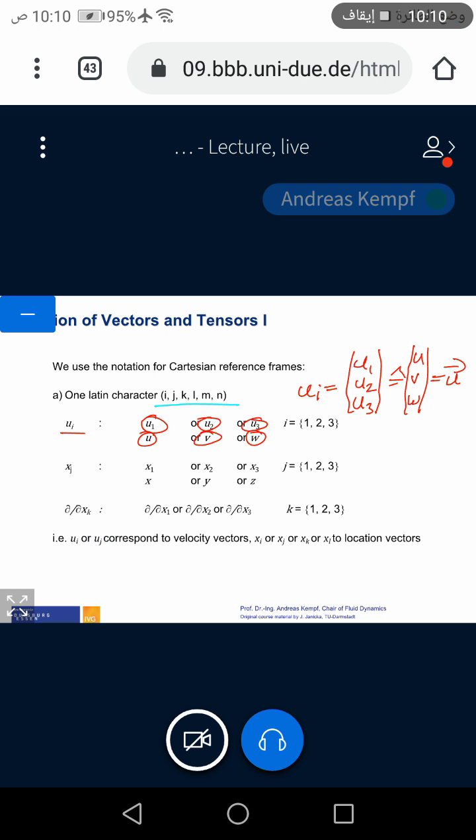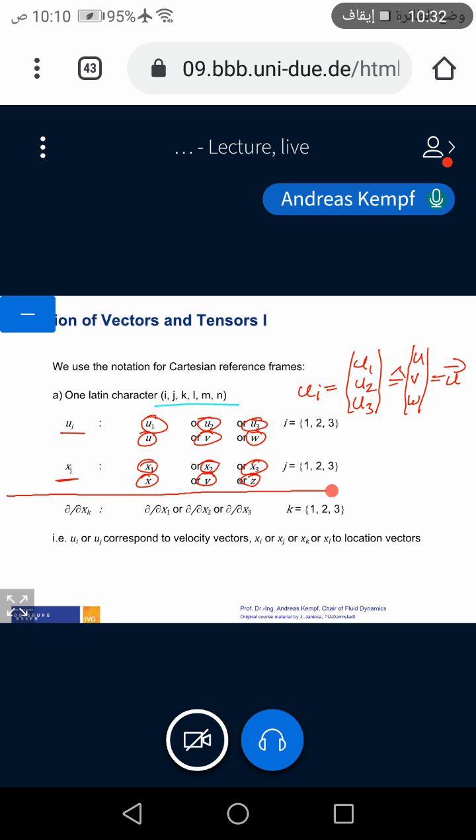Okay? The same applies for the location vector xj. Here we would use x1 instead of the component x, x2 instead of the component y, and x3 instead of the component z. And here again, bear in mind, it always makes it easier to program things on the computer.